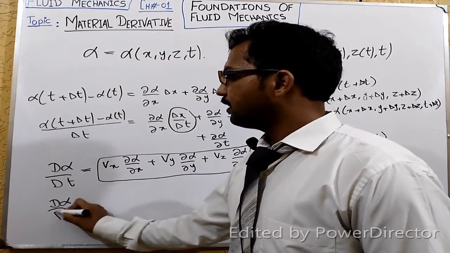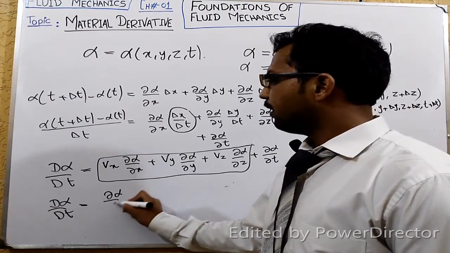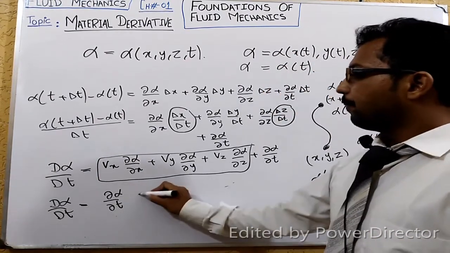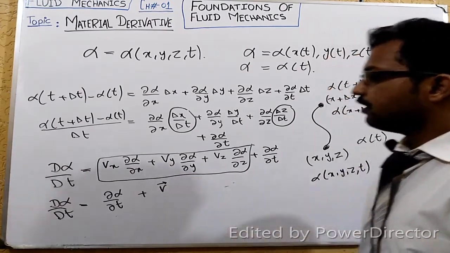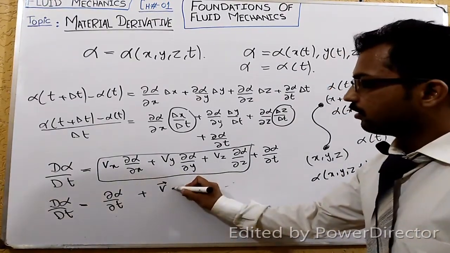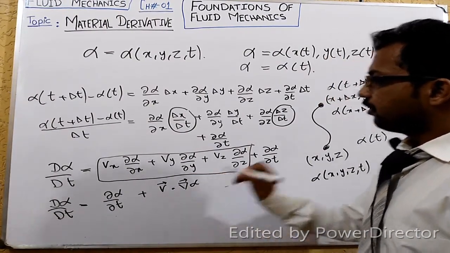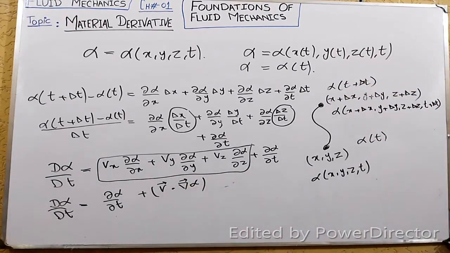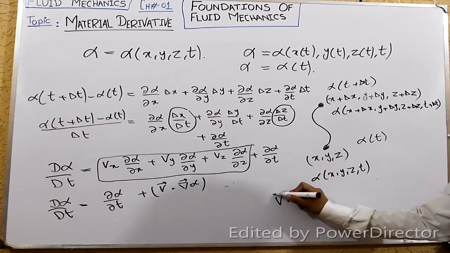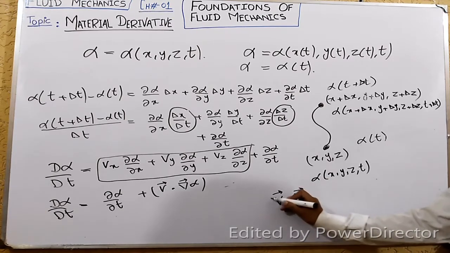d alpha by dt is equal to partial alpha by partial t plus the dot product of the velocity field v and the gradient of alpha. This quantity can also be written as the dot product of v and the gradient alpha.